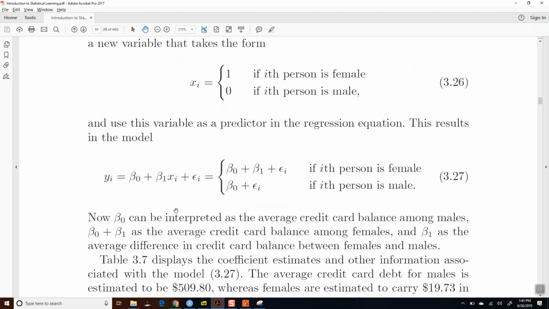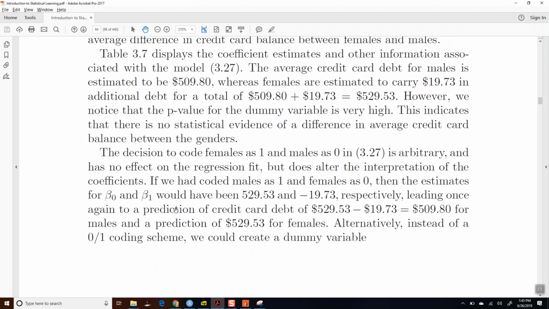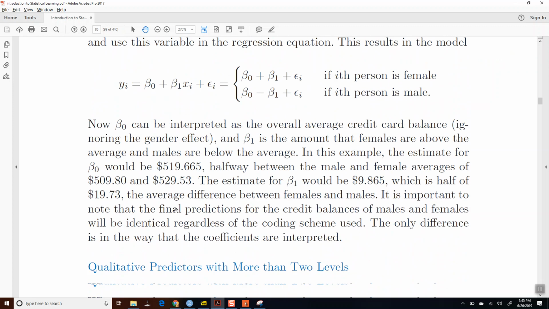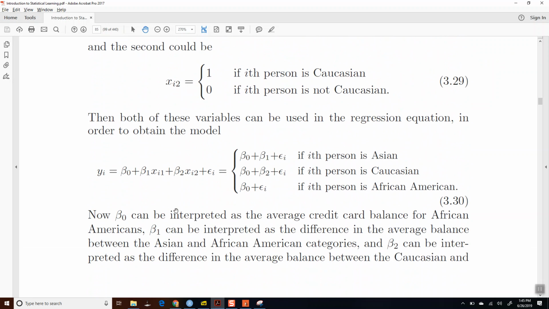Okay, because our model is beta 0 plus beta 1 times x sub i, and x sub i is 0 or 1. If you have more than two categories, you can't just use 0 and 1, and so you end up having to have one value for each category. Here we've got three categories: African American, Caucasian, and Asian.